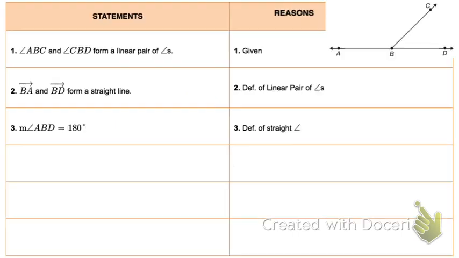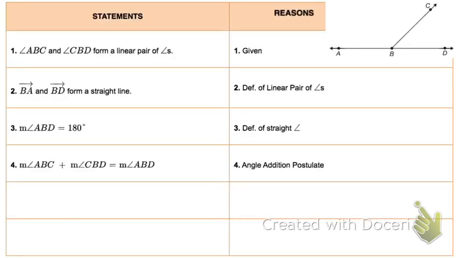So if we know that those two rays form a straight line, then we know that the angle A to B to D is 180 degrees. All right, so that's supplementary. So we're almost there. Now, where can we go from there?